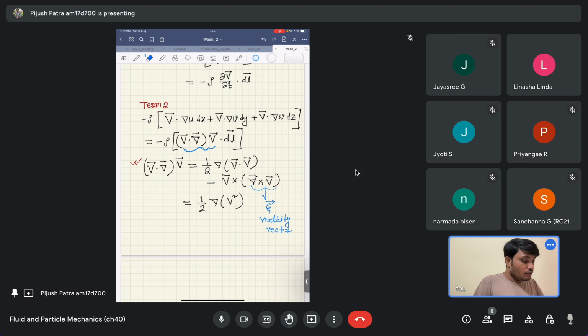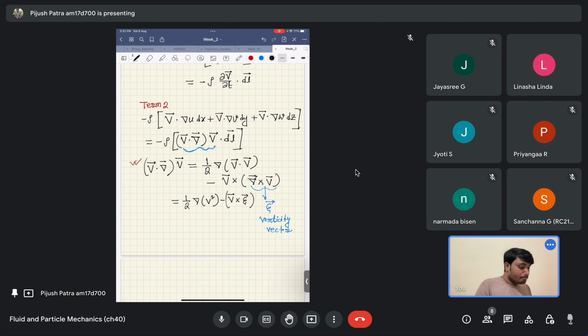So finally what I am getting is half gradient of v square minus v cross zeta. Is that correct? What I wrote?